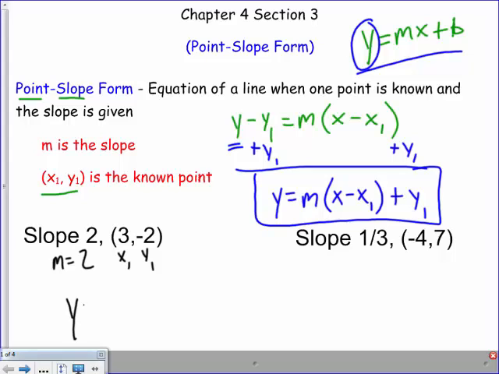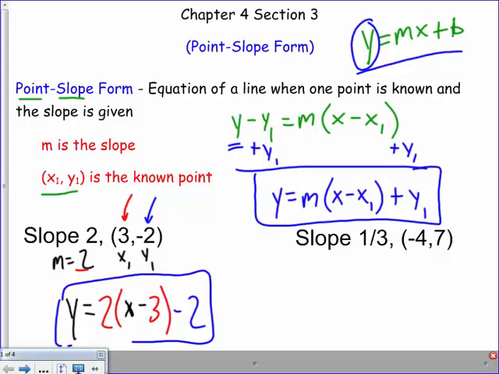So I'd say y equals, well, here's the slope, so 2 times x minus x1, which is 3, and then plus y1, which is negative 2. Well, instead of putting plus negative 2, I could really just write negative 2, or minus 2. So that would be that right there.